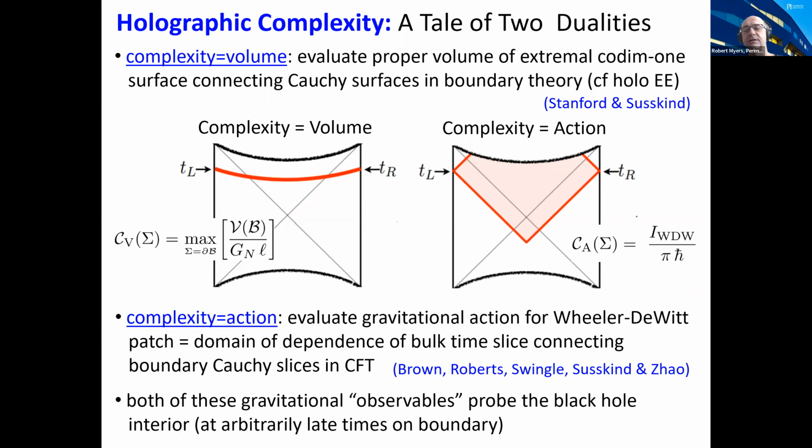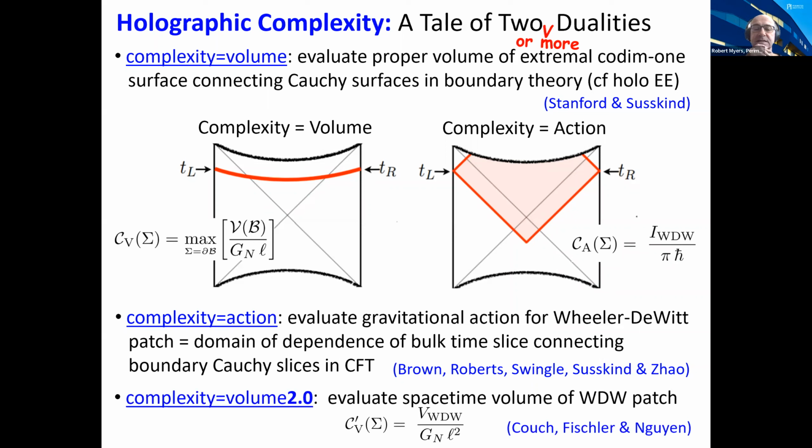I'll also mention that some folks in Texas suggested that, rather than evaluating the action, we could also just evaluate the space-time volume associated with that region, or the Wheeler-DeWitt patch. That also exhibited properties suggesting it's an interesting measure of the boundary state complexity. Sometimes that's called complexity equals volume 2.0, or just complexity equals space-time volume.